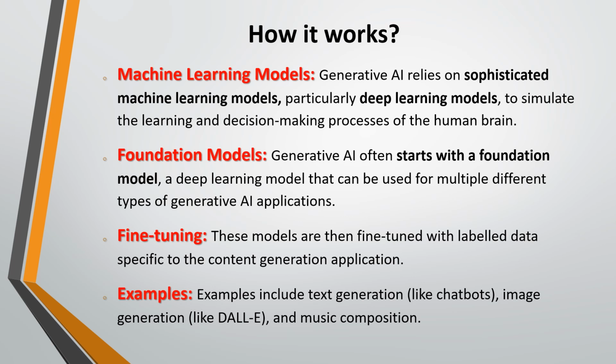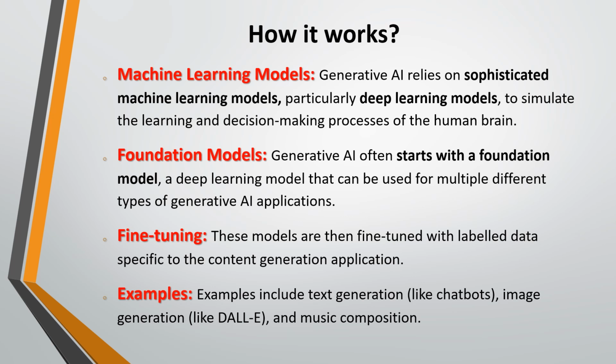The examples of this AI include text generation like chatbots in different companies, customer dealing. They are using AIs. So basically, frequent queries are answered using the chatbots. The chatbots are interactive and they interact with the human being based on the given model and answer their questions.